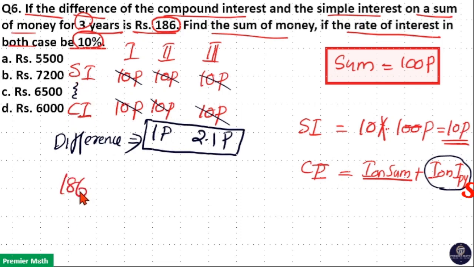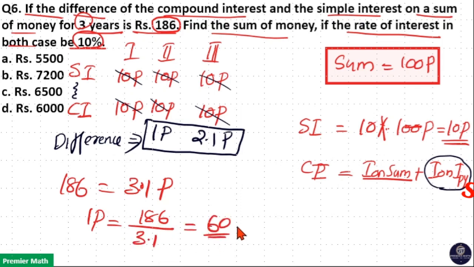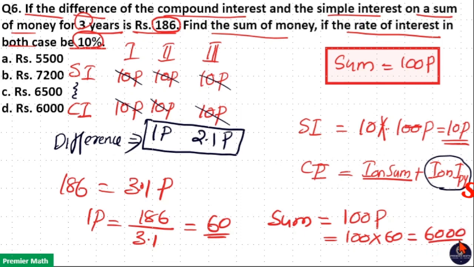That 186 is 3.1 part. 1 part plus 2.1 part is 3.1 part. So 1 part is equal to 186 divided by 3.1, which is equal to 60. If you find the value of 1 part, sum is equal to 100 part, which is equal to 100 into 60, that is 6,000. So option D is your answer.